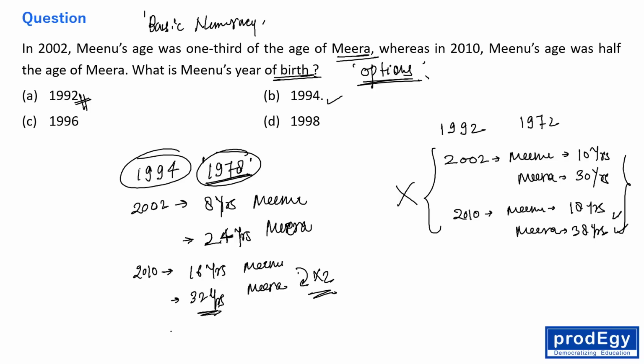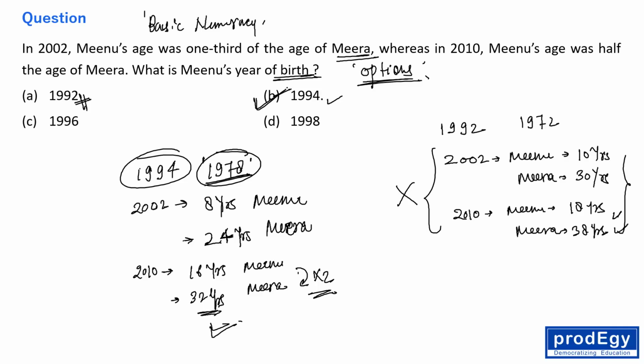So this is twice. Yes, the answer is correct. It matches, everyone. So just take this as 1994. That's it. I'm doing this question with the help of options.